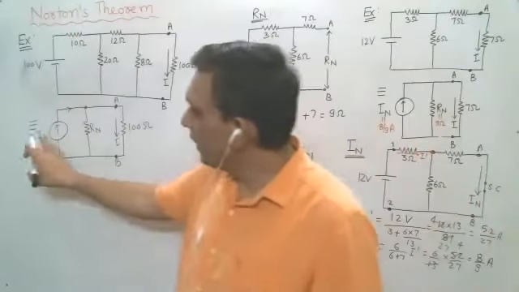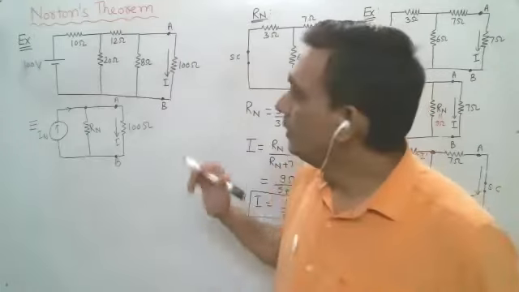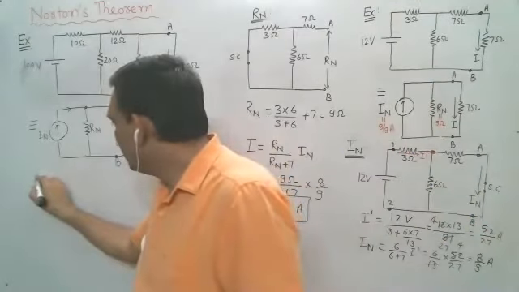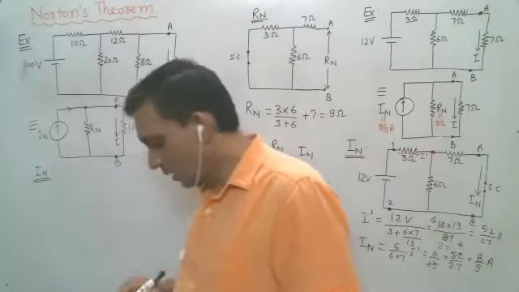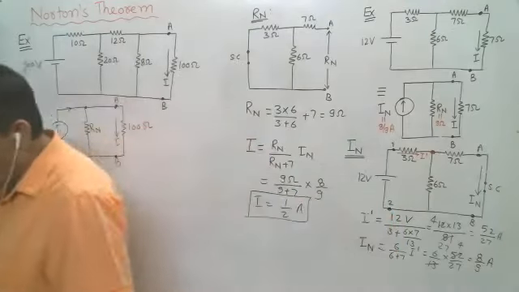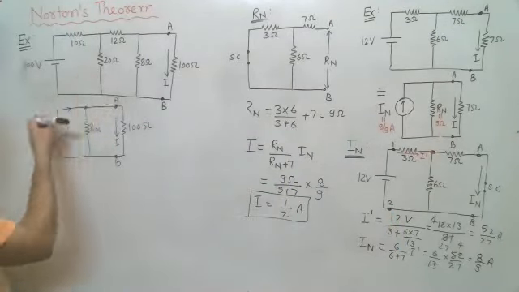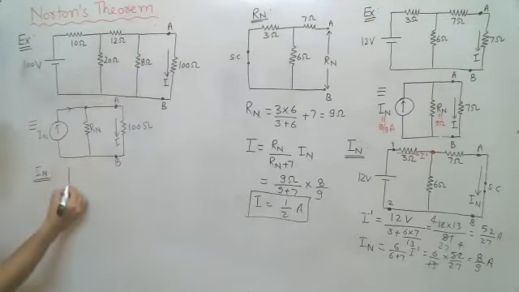So let us first find the short circuit current. What will be the value of IN? Short circuit current. So draw the equivalent for IN. In this circuit, you have to short the load resistance. So first draw the equivalent circuit.